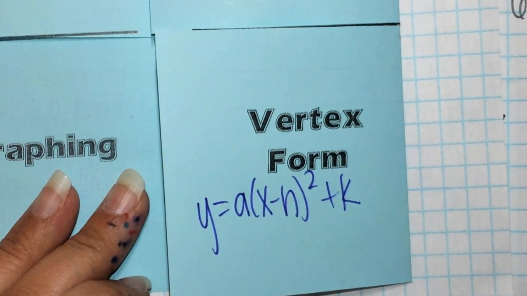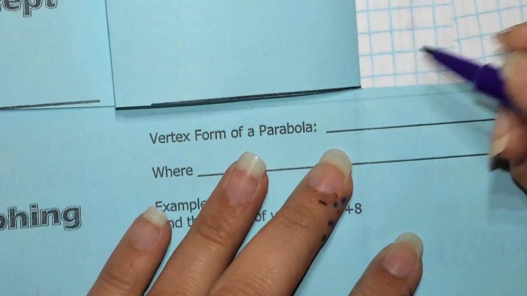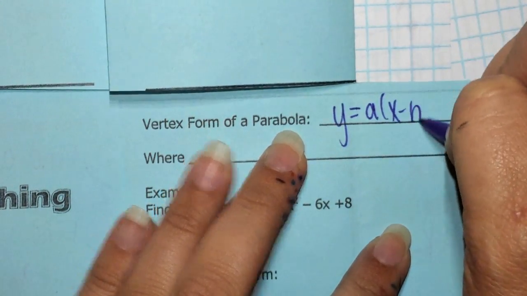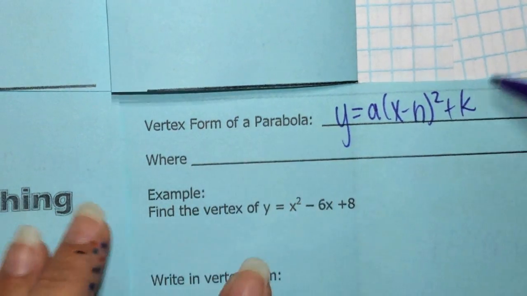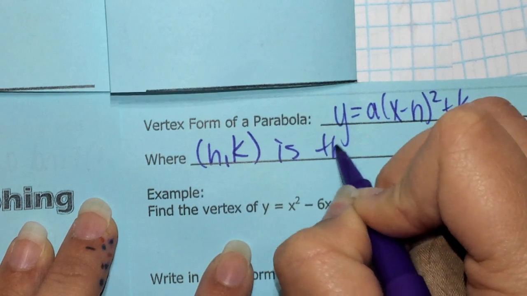The vertex form, again, is y equals a times x minus h quantity squared plus k, where h, comma k is the vertex.